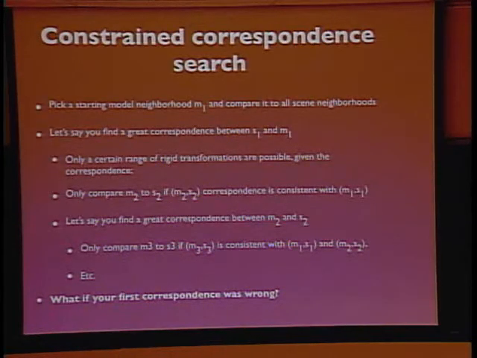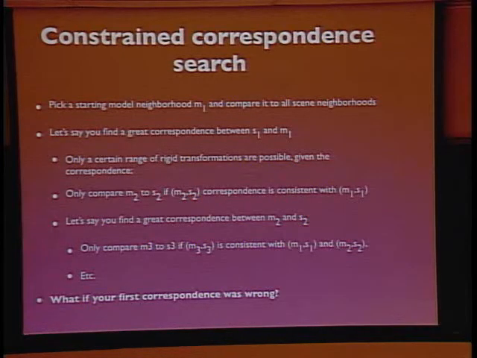So, as I said earlier, I think I basically explained it already, but constrained correspondence search constitutes starting with a particular spatial neighborhood on your model, call it M1, and then comparing it to all neighborhoods on your scene, the naive way. Let's say you find a great correspondence between M1 and some S1, which is some signature corresponding to a point on your scene.